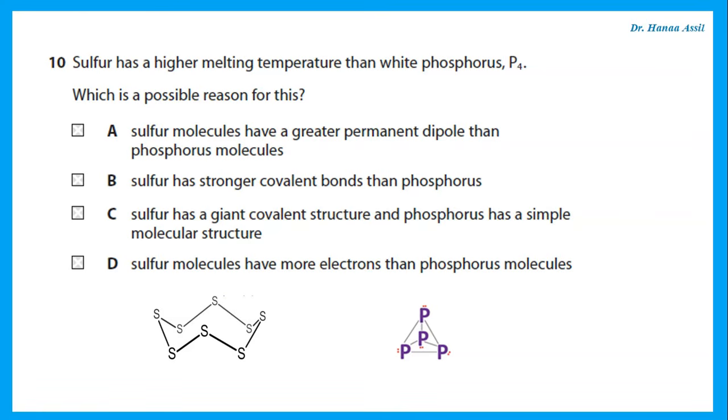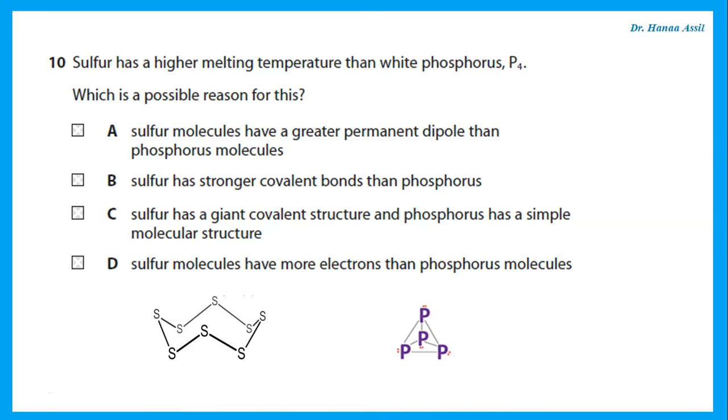Is it because sulfur molecules have a greater permanent dipole? They don't have any permanent dipole at all in sulfur molecules. Sulfur has stronger covalent bonds. We never say one covalent bond is stronger than the other. And the melting temperatures is due to the intermolecular forces, not the covalent bonds inside the molecule.